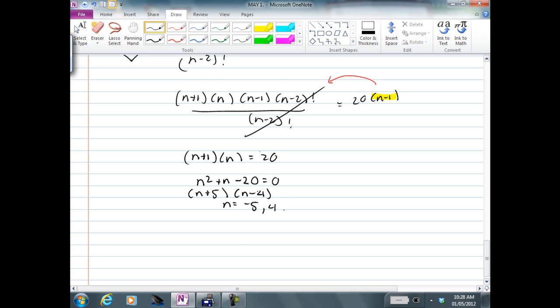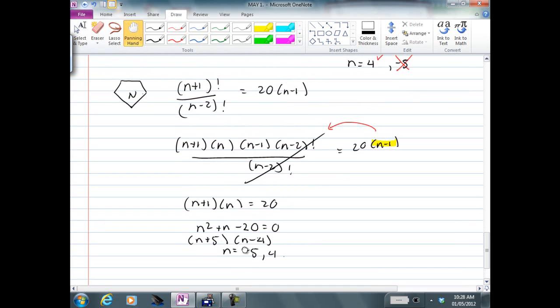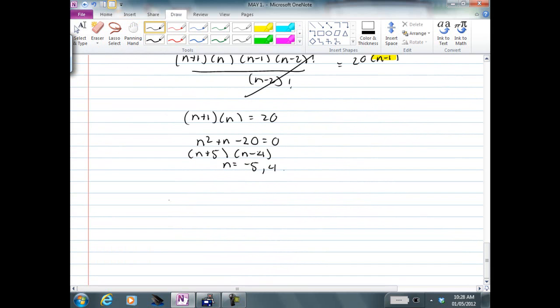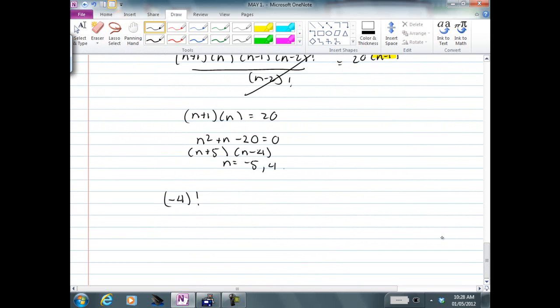But here's what happens when you sub negative 5 into your equation. You get negative 4 factorial over negative 7 factorial. Right off the bat, I see a negative number with factorials. It will never work. Never ever work.